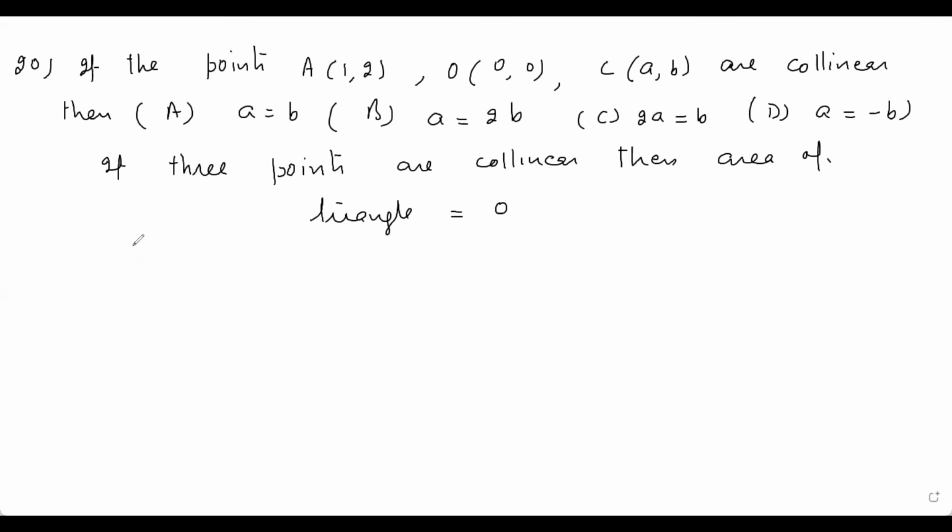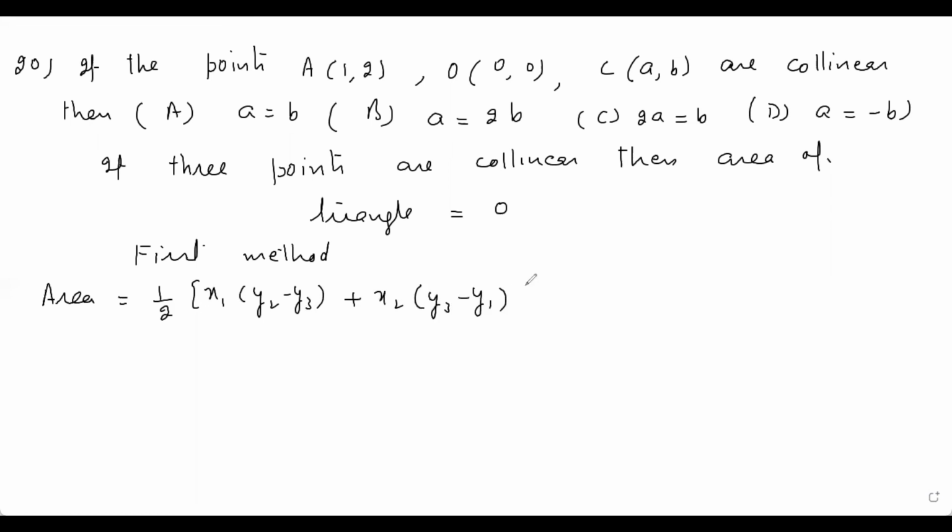The first method: area of a triangle is equal to half x1(y2 minus y3) plus x2(y3 minus y1) plus x3(y1 minus y2). Since area is equal to 0, this is equal to 0.